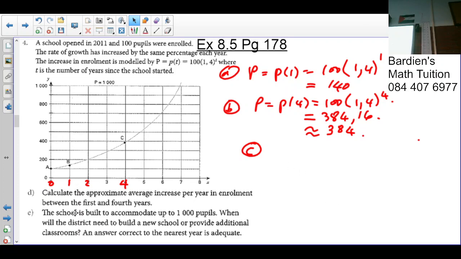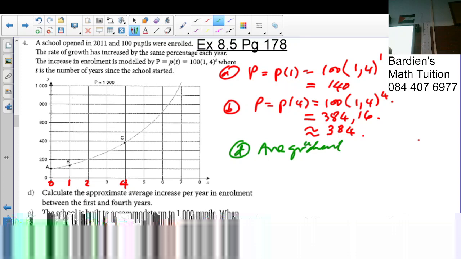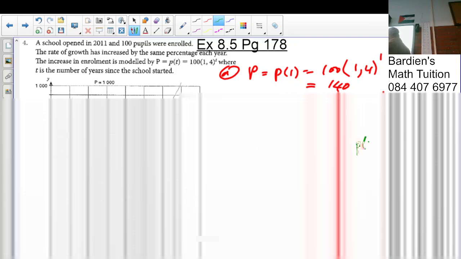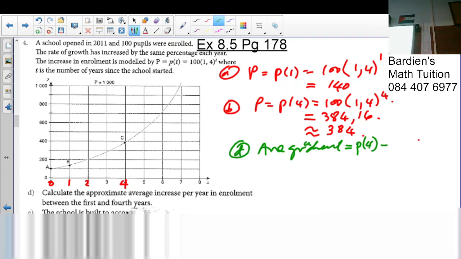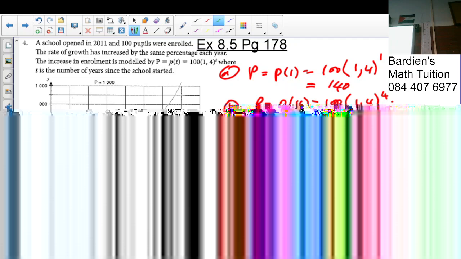Then it says, calculate the approximate average increase per year in enrollment between the 1st and the 4th year. The average enrollment. So when we're working out the average, it's the same as saying average gradient. So I find out what P of 4 is minus, between the 1st and 4th year.